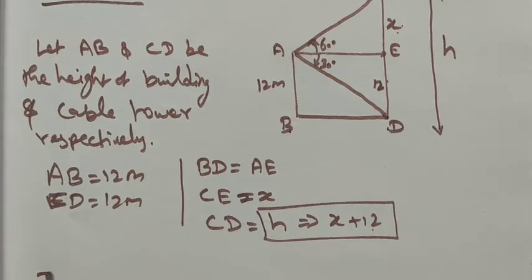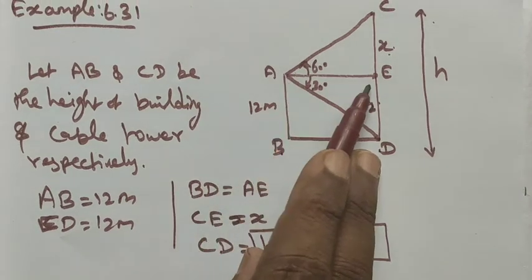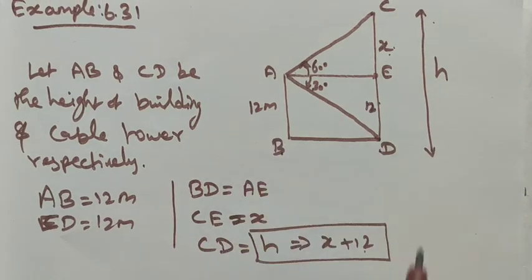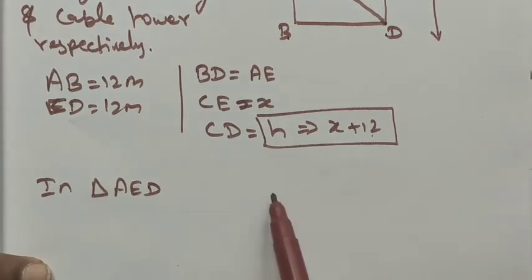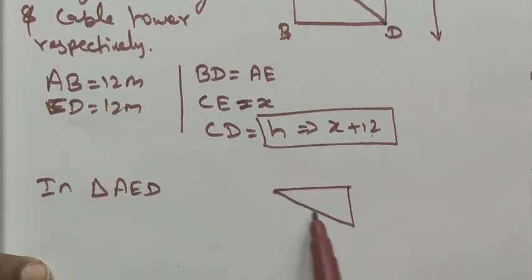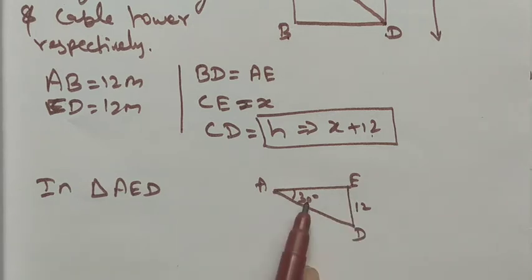So first I choose the triangle. See, here we have the triangle AED. So I draw the triangle here. This is A, this is E, this is D, this is 30 degrees, and this is 12, that is AE.